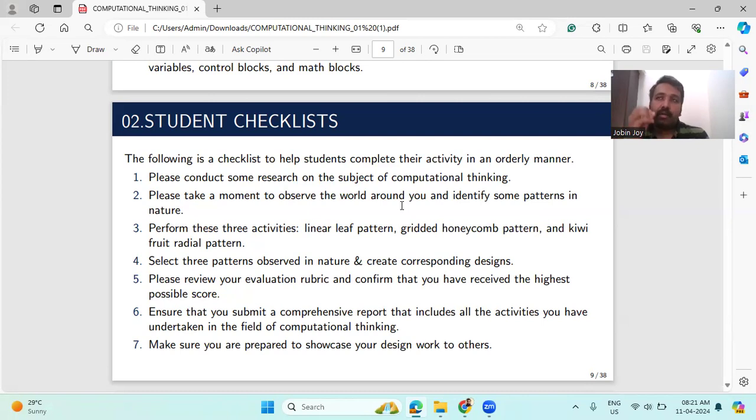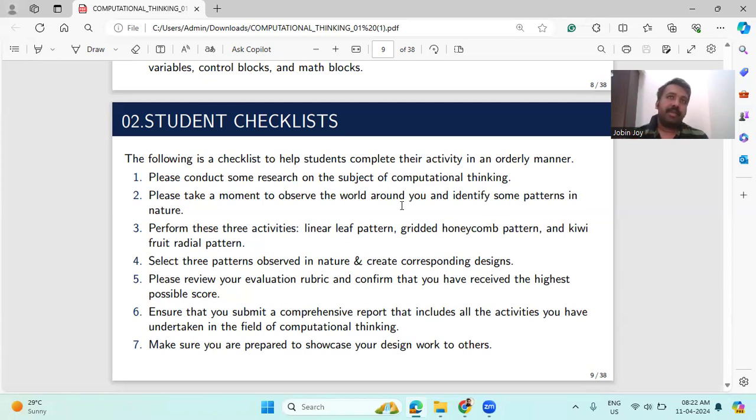For that you have to review the evaluation rubric thoroughly and prepare the report. After finishing the activity, you have to submit a comprehensive report that includes all the activities you have undertaken in the field of computational thinking.